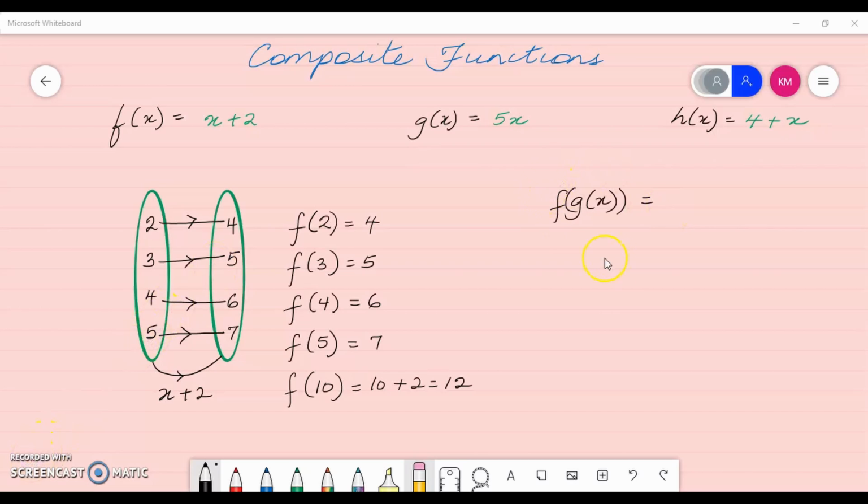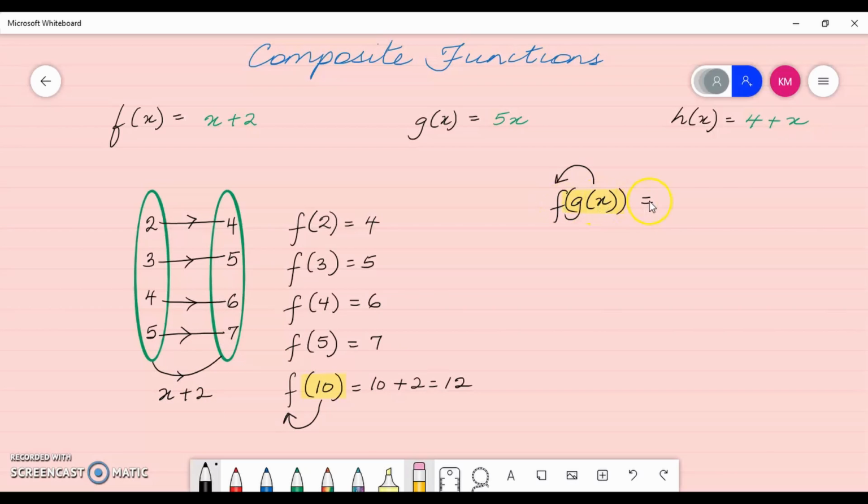So you are going to see something like this: f of g of x. Here it is telling us to take g of x and put it into the function f. Remember when we had f of 10, we took 10 and put it into the function f by simply replacing x with 10.